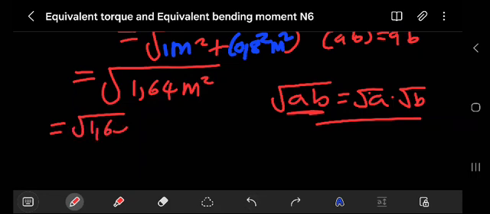multiplied by the square root of M squared.